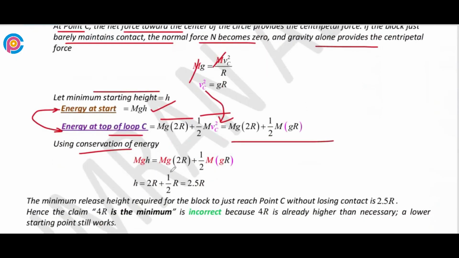So mgh equals mg2r plus 1/2 mgr. m and g can both be cancelled from the equation. So h equals 2r plus 1/2 r, which is equal to 2.5r.